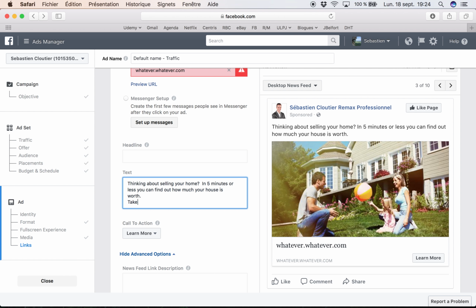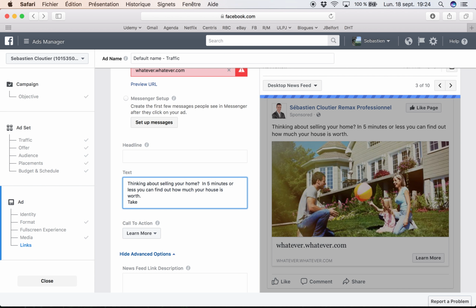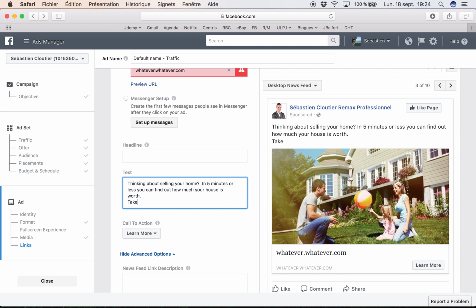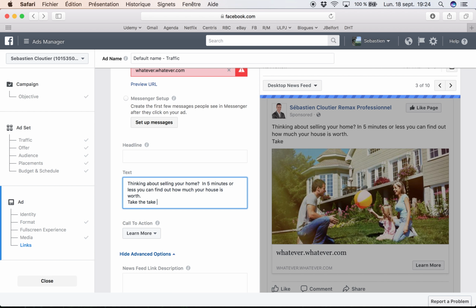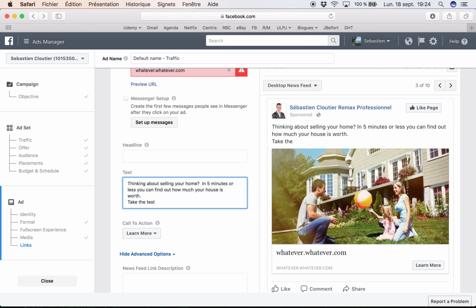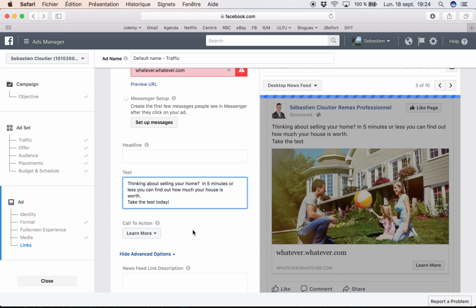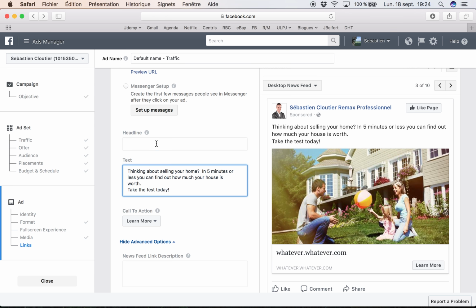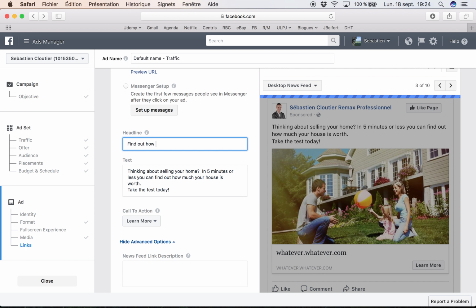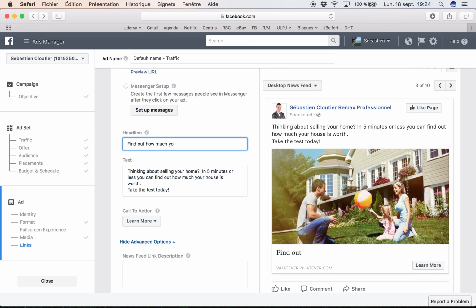Okay, so then there needs to be a call to action. Take the test today. I was going to say now, but today is smoother, it's softer. Find out how much your house is worth.